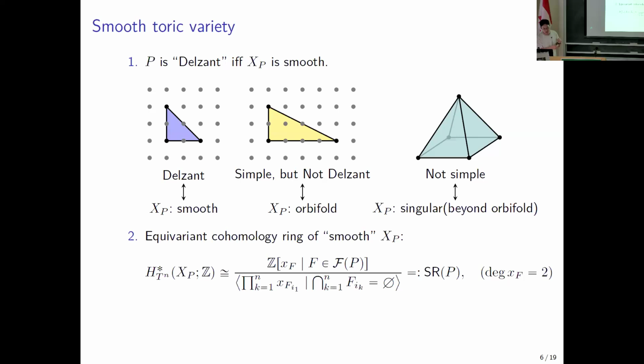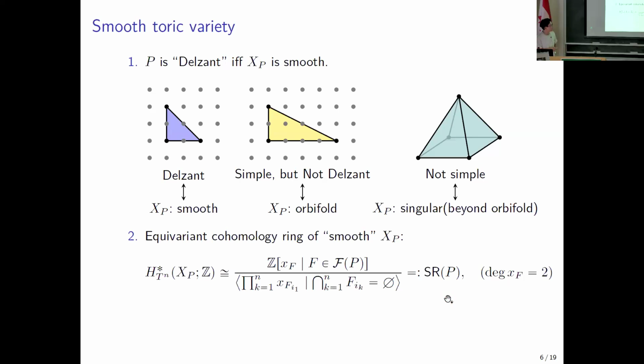And also, let me try to explain a little more topology about the smooth toric variety. For the case of a smooth toric variety, there's a nice formula for calculating the equivariant cohomology ring. Because we have a variety with a torus action, we should be able to compute the equivariant cohomology corresponding to this torus action. In this case, the equivariant cohomology of a smooth toric variety is isomorphic to the so-called Stanley-Reisner ring.